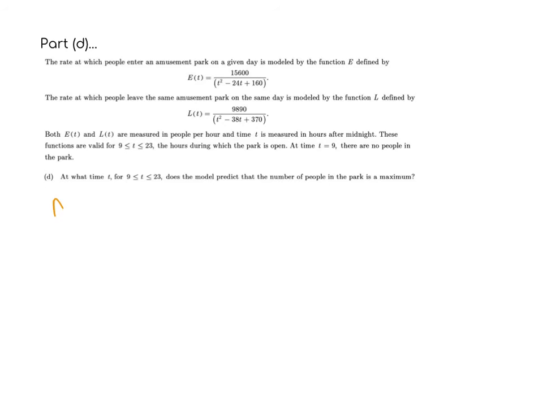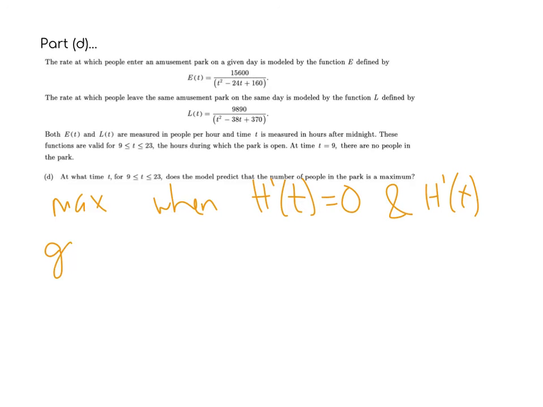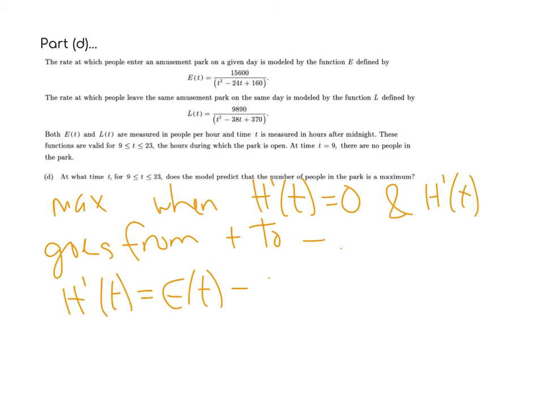We have a maximum when h prime of t equals 0, and h prime goes from positive to negative. So h prime of t equals E of t minus L of t.